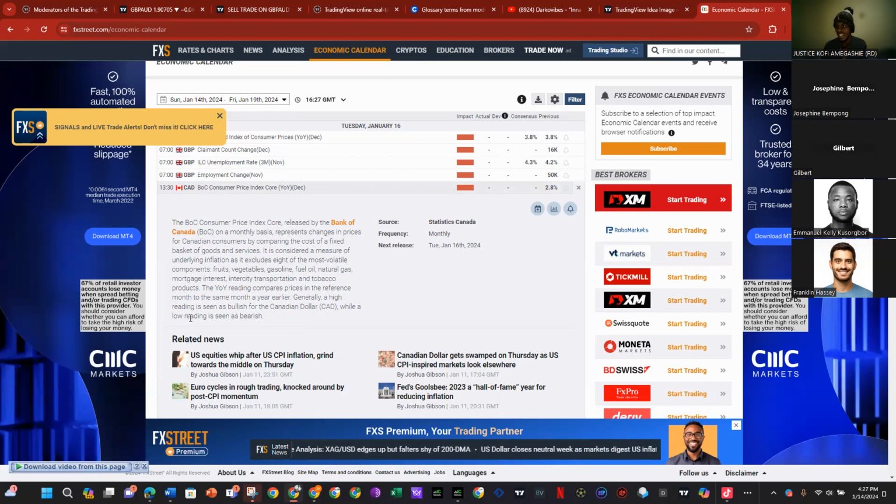Generally, a higher reading is seen as bullish for the CAD, for the Canadian dollar, whilst a lower reading is seen as bearish. So in this case, you have to interpret it. A higher reading is seen as bullish, which means that when you are trading Euro CAD, it should go up.